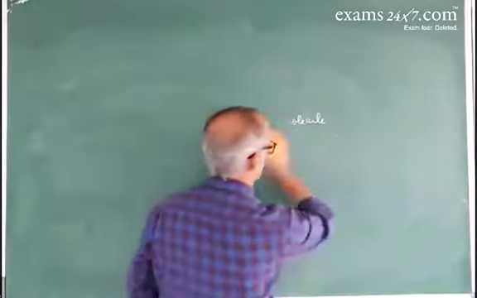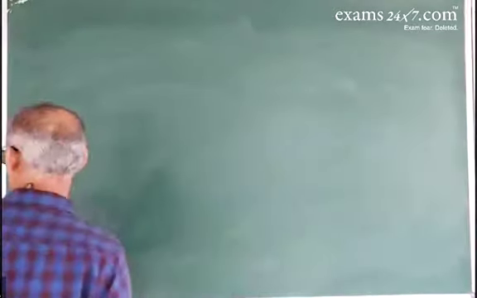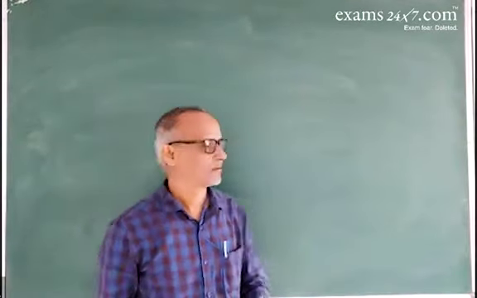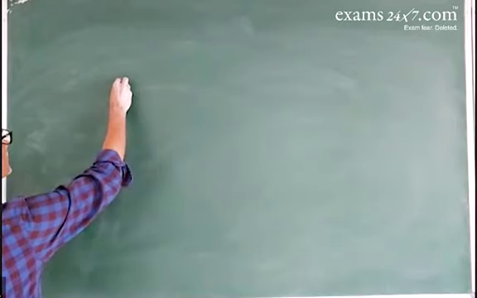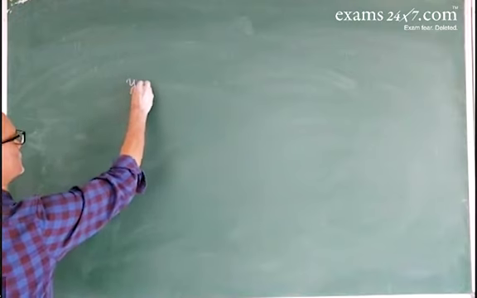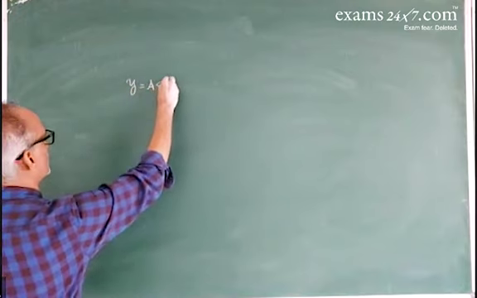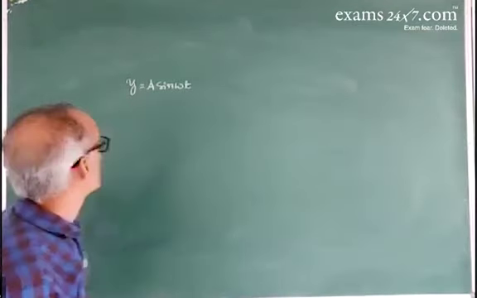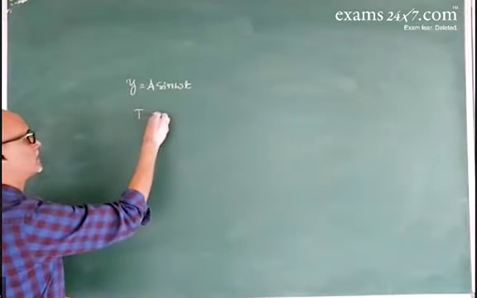In chapter oscillation and the next chapter, which is waves, many questions appear in various exams. So in chapter oscillation, the displacement of a simple harmonic motion is given by y is equal to a sine omega t, and we have two important formulas.